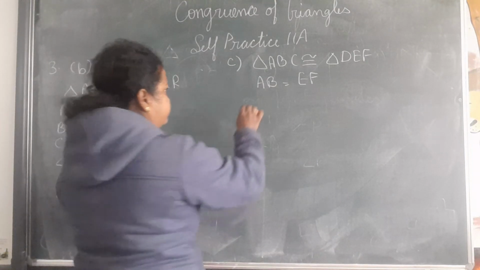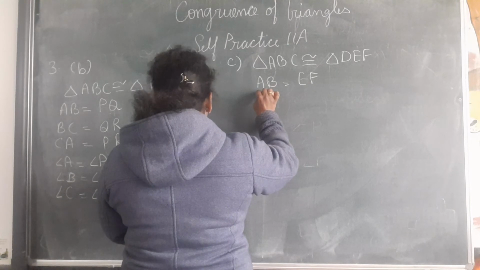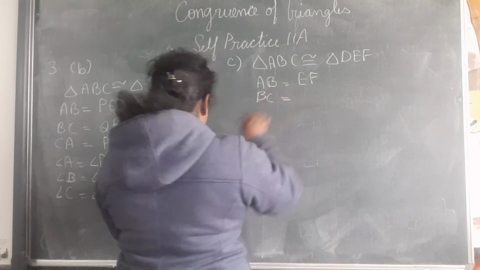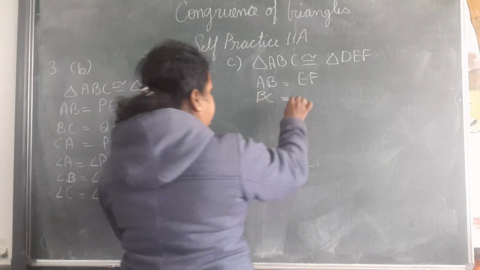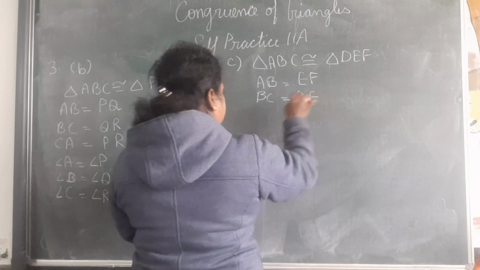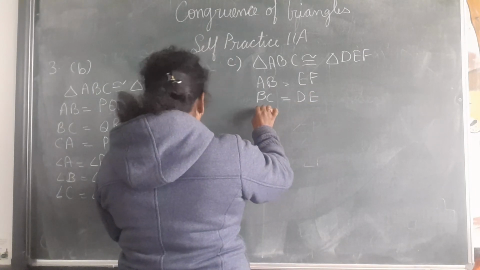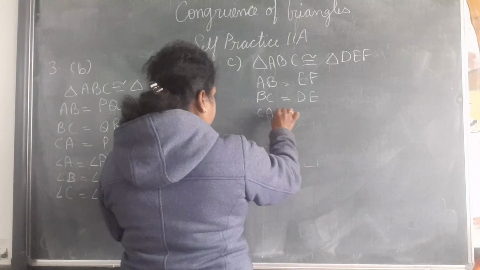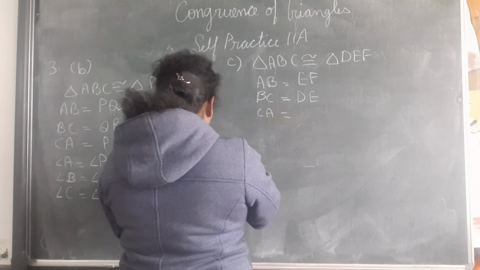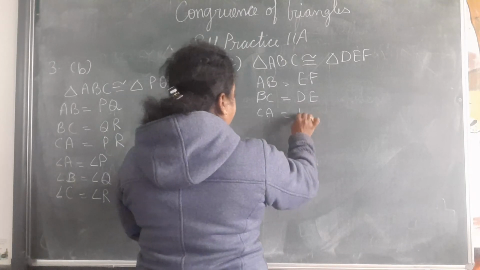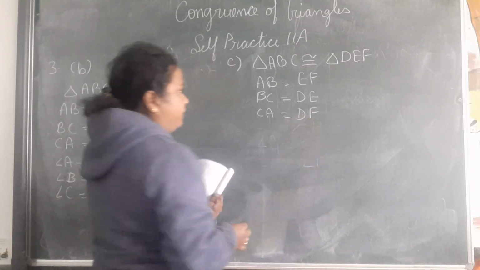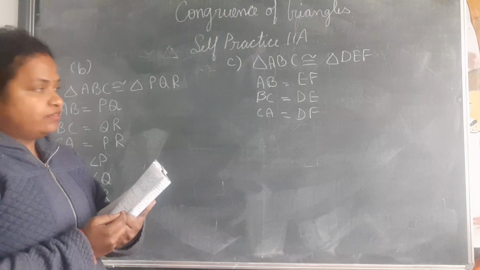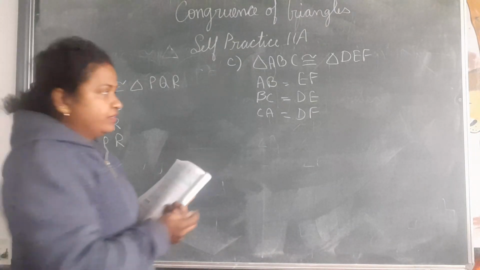Then BC is equal to 7.2, so that is DE. Then CA is how much? CA is 3.75, which means DF. This you will get. You have to see which sides are similar.